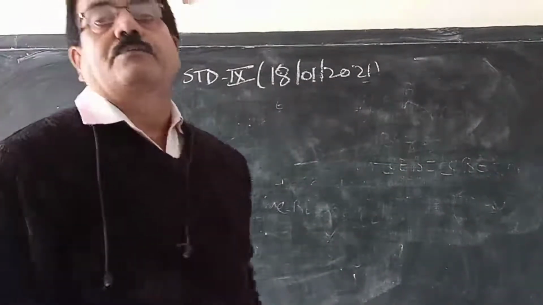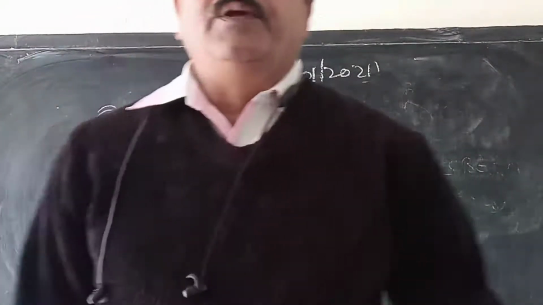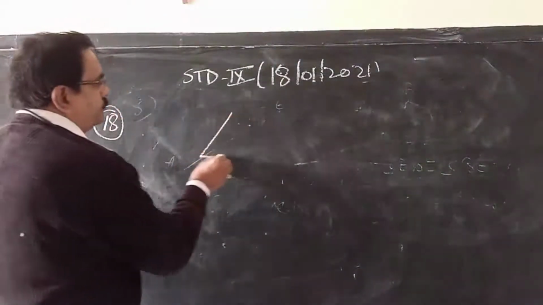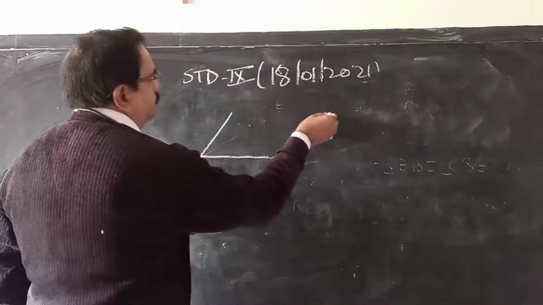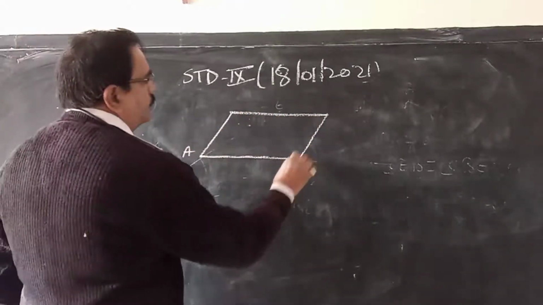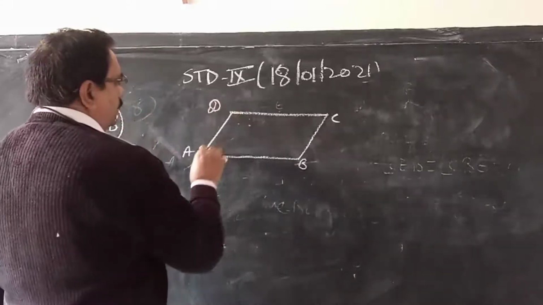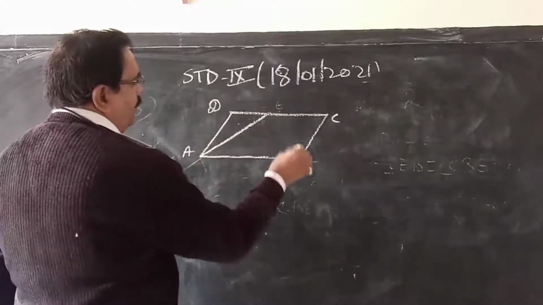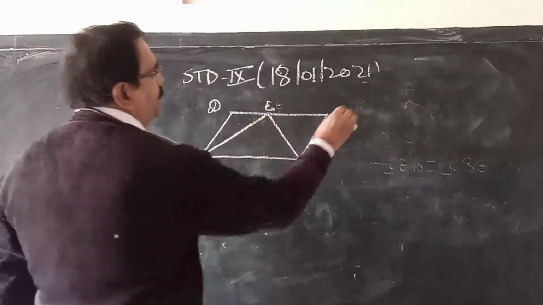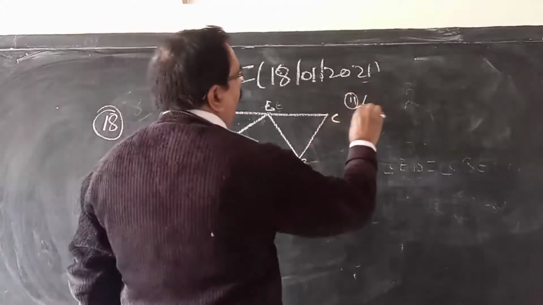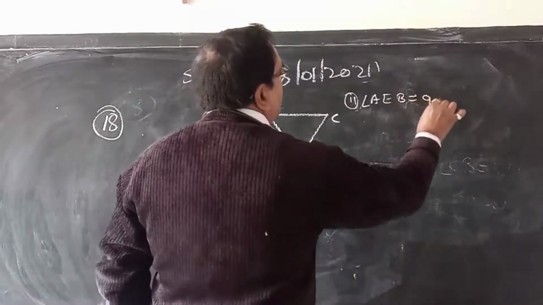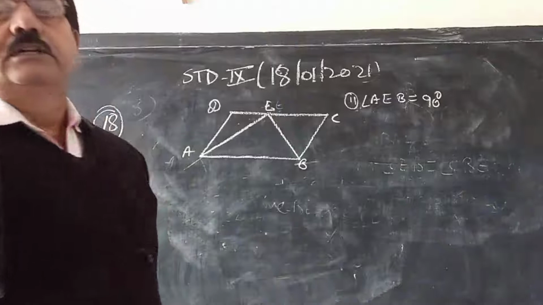For the second part of this question, we know that AE bisects angle A and BE bisects angle B. Then we have to prove that angle AEB is equal to 90 degrees.